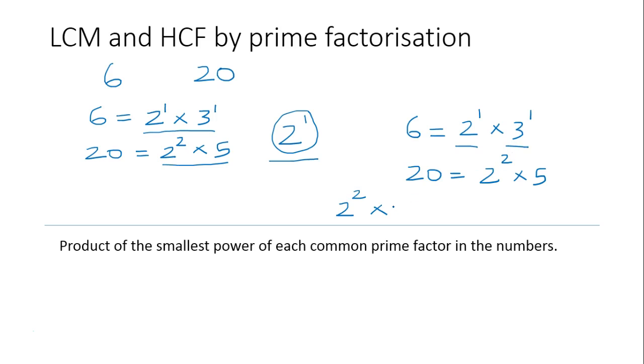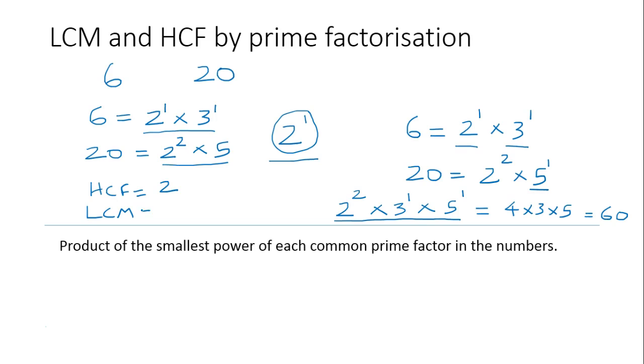The highest power is 3 raised to 1. And then we have a 5 here, which is 5 raised to 1. We need to multiply these three to find the LCM. Note that we have already considered this 2, so you needn't consider that again. This works out to 4 into 3 into 5, which is 60. So we find that the HCF of 6 and 20 is 2 and the LCM is 60.